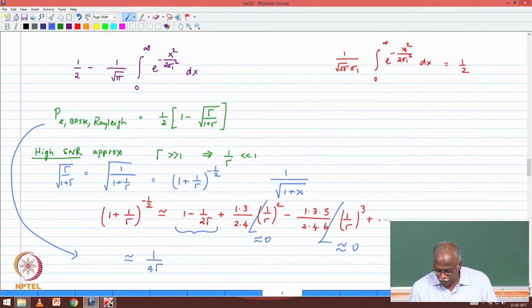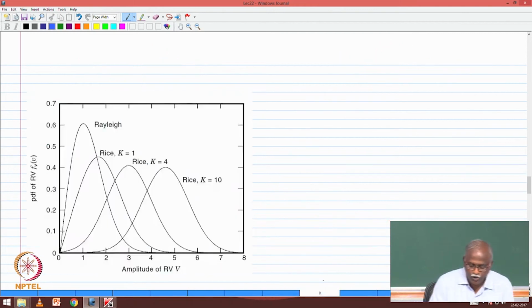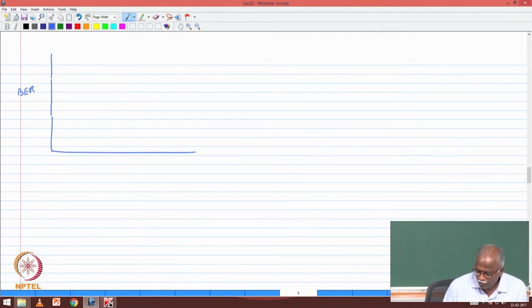So what we can do now is draw a graph which will be very helpful for us in interpreting this result. So, here is my bit error rate as a function of SNR. Notice that I can now write it in terms of the SNR as gamma or Eb by N naught, average value.